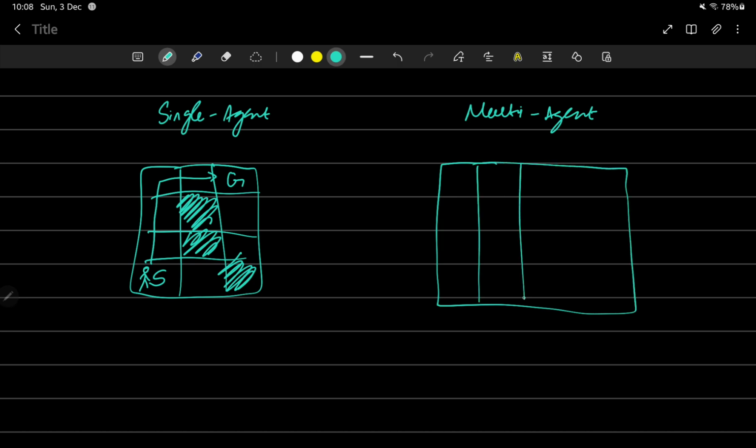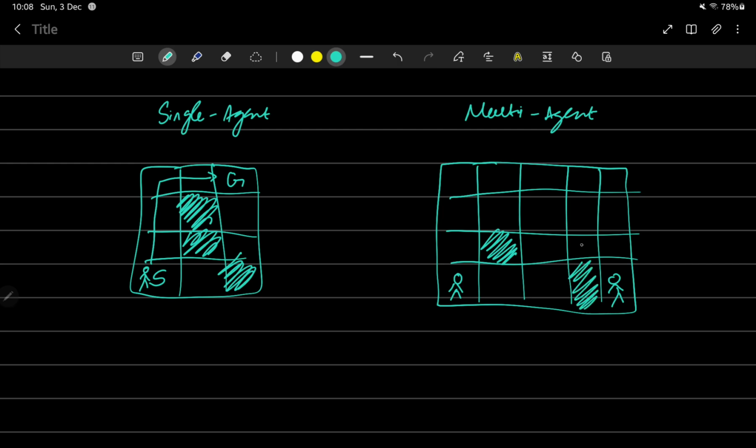Let's say we have another grid where there is this agent 1 and then there is this agent 2, and then we have these walls, let's say, which is like this, and the goal is here.